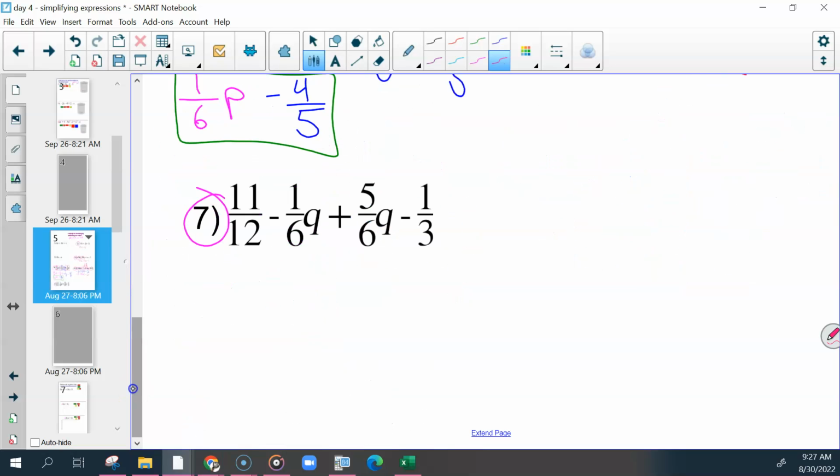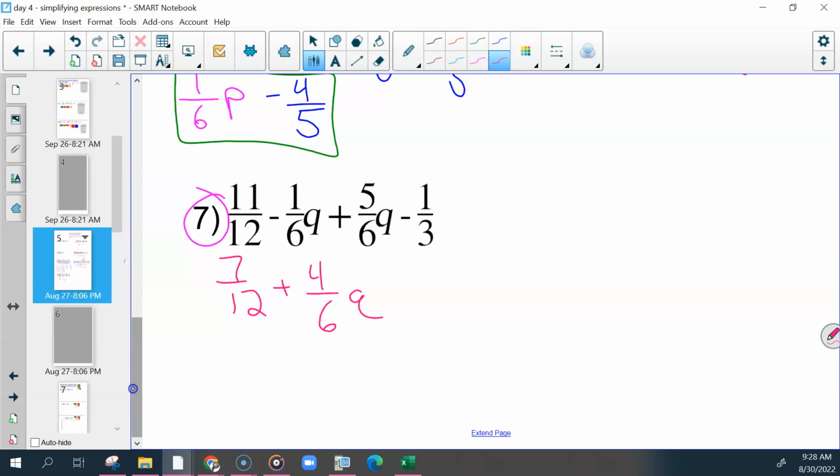Who wants to share their answer for 7? I saw quite a few of us had an answer for this one. Anyone have anything different?